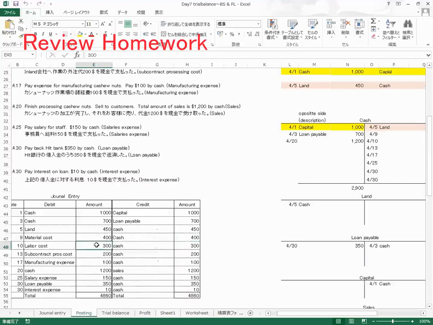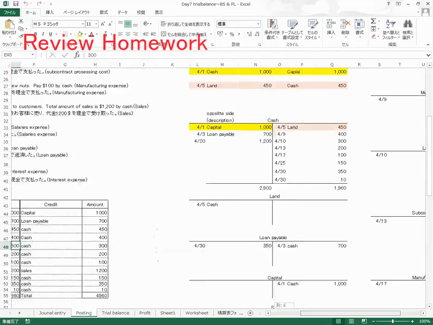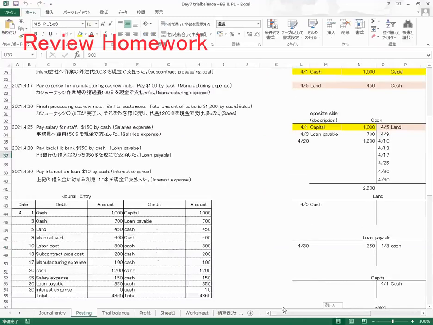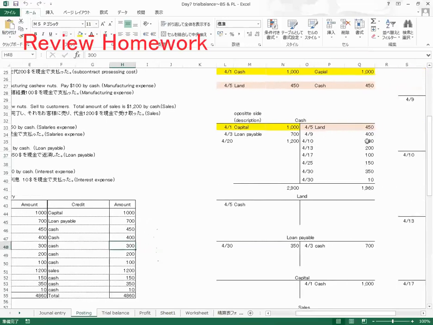April 10, labor cost 300 and opposite side cash 300. Always post as a pair.